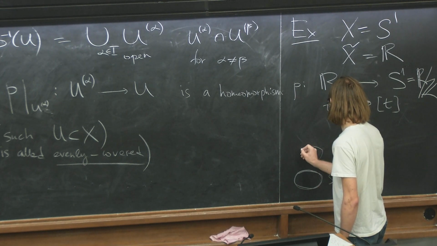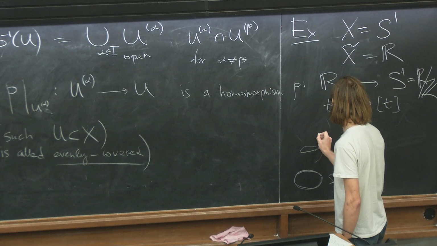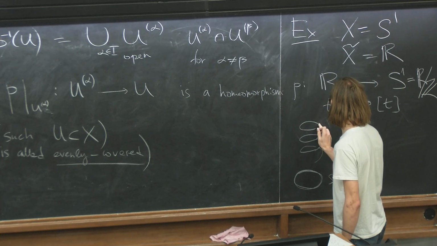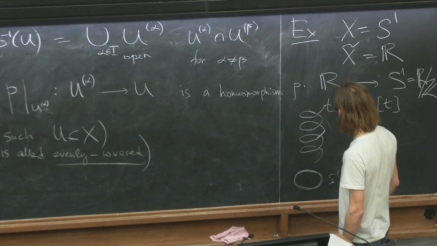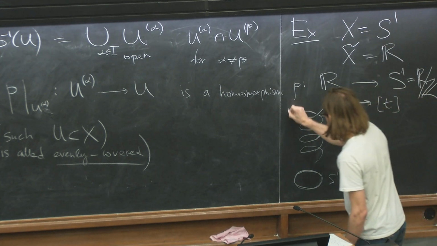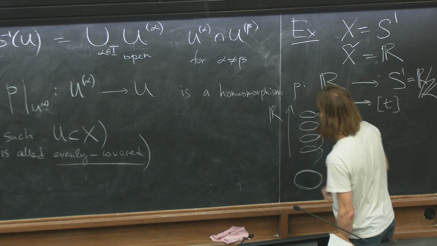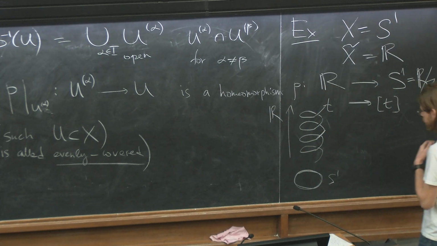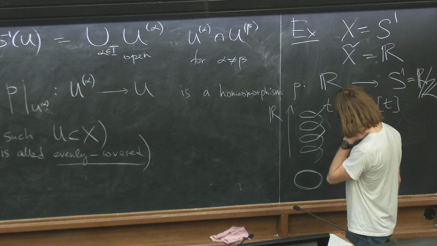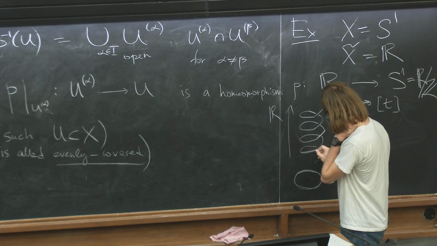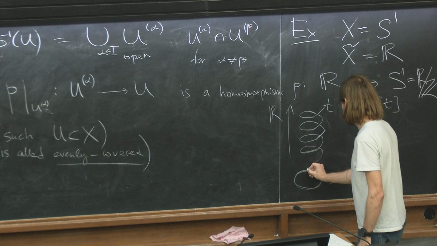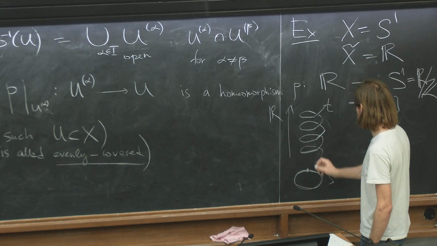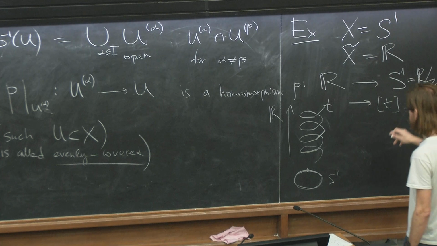Let me try to draw this. R, our real line, which we represent like this, so that each preimage of each point here is given by integers, right?